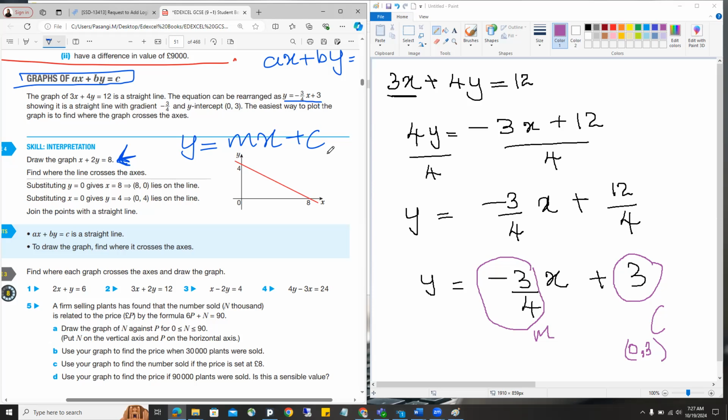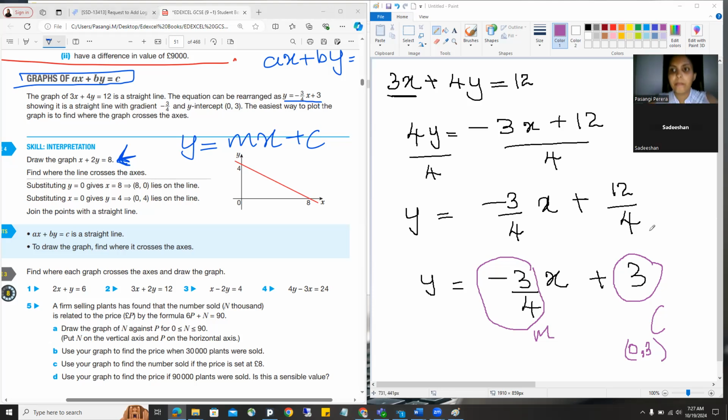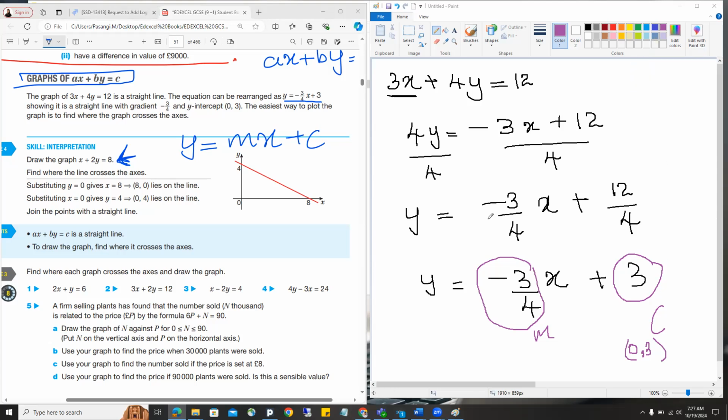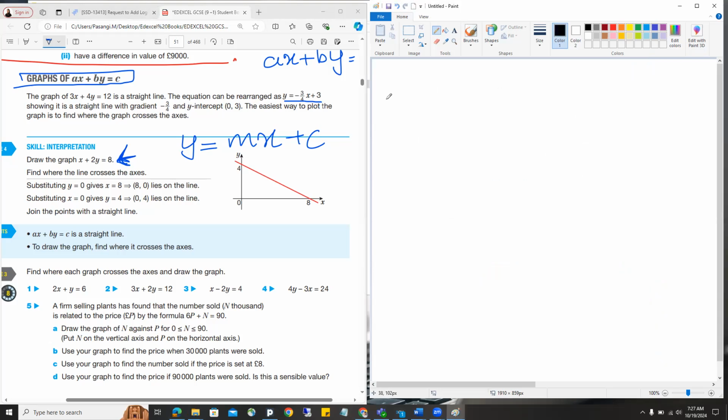So what is the equation you receive? Is it y equals minus 3 over 2x plus 4?